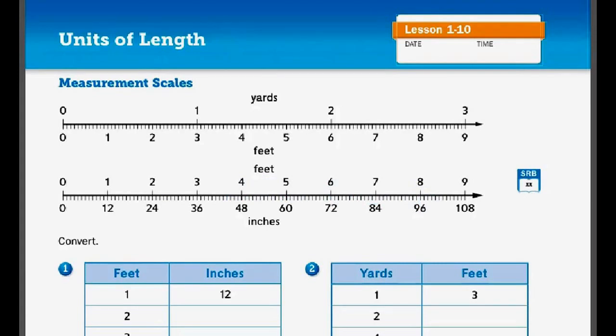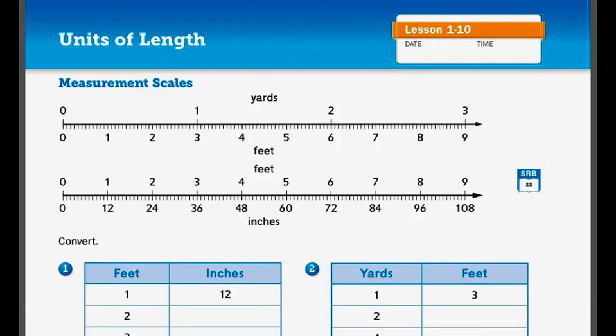So if I were to say the length of a hippo is 3 yards, how could we determine, using this measurement scale, how long the hippo is in feet? Again, if it's 3 yards, imagine how long it would be in feet. Pause and think about that for a second.